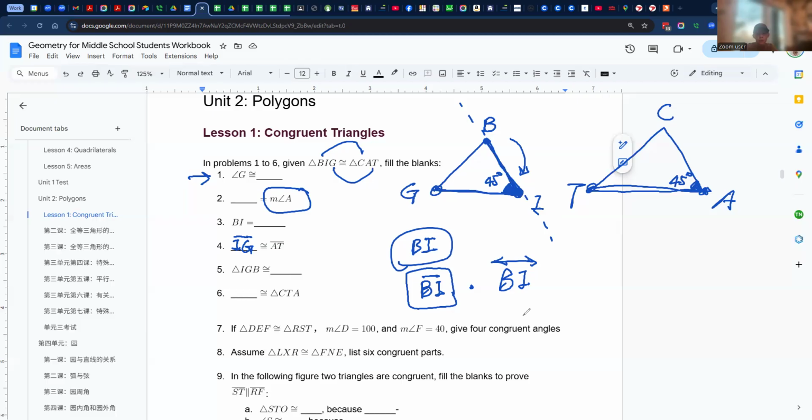It is ATC. Good job. Okay, number six. What is congruent to triangle CAT? Perfect.